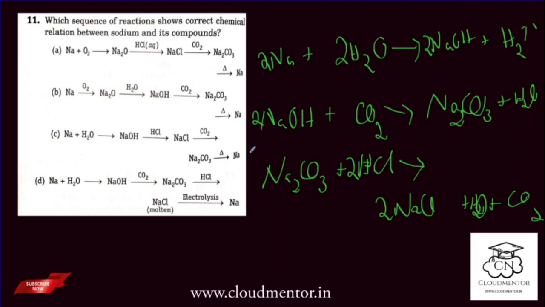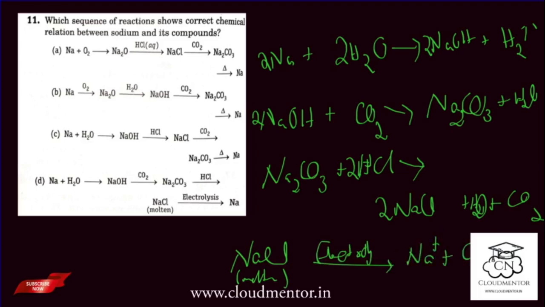This molten NaCl can then be electrolyzed to get sodium. Electrolysis gives Na+ ions and Cl- ions. When Na+ gains an electron, it gives the sodium atom, and when chloride loses an electron, it gives the chlorine atom.